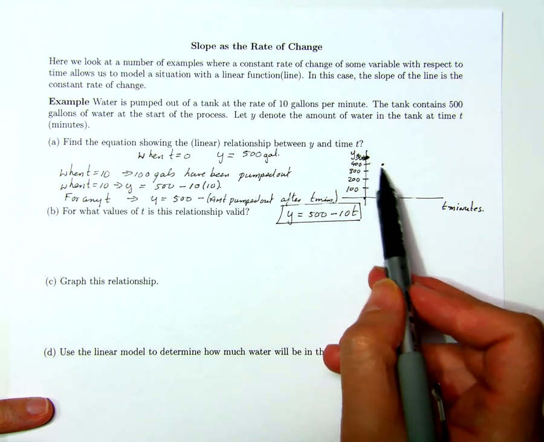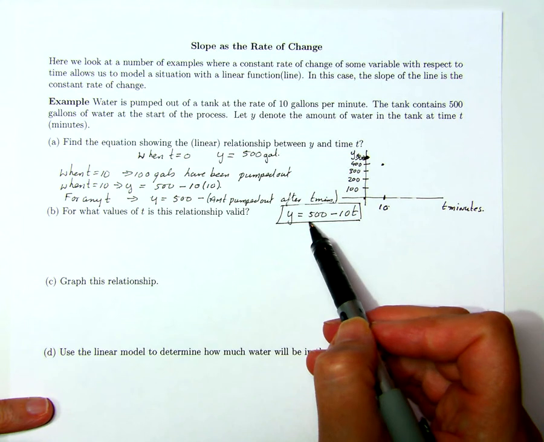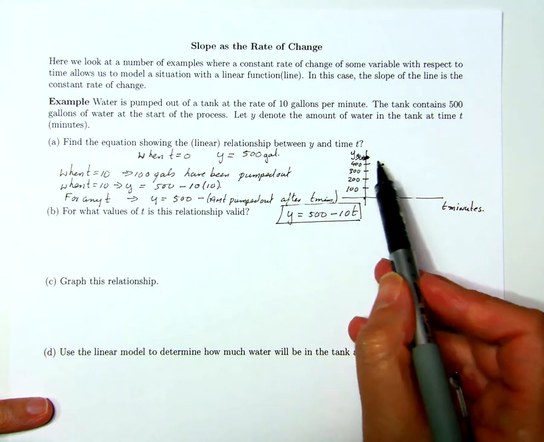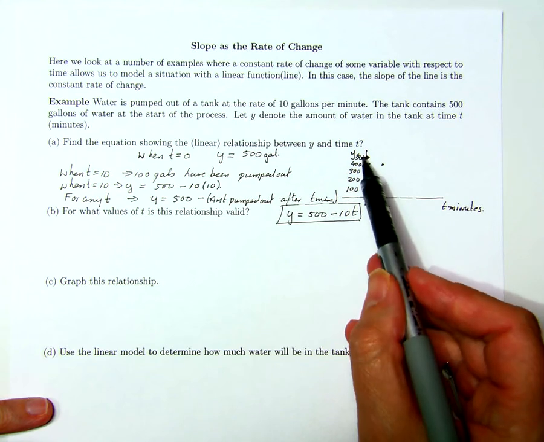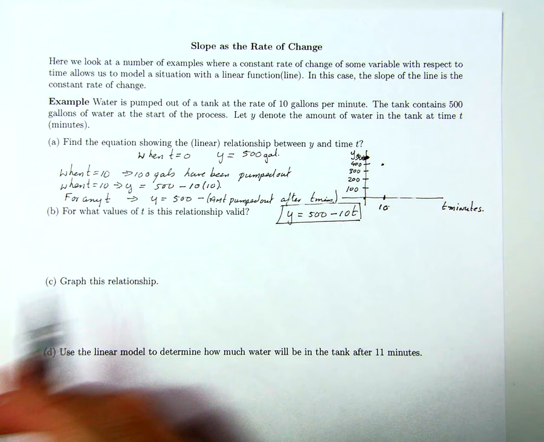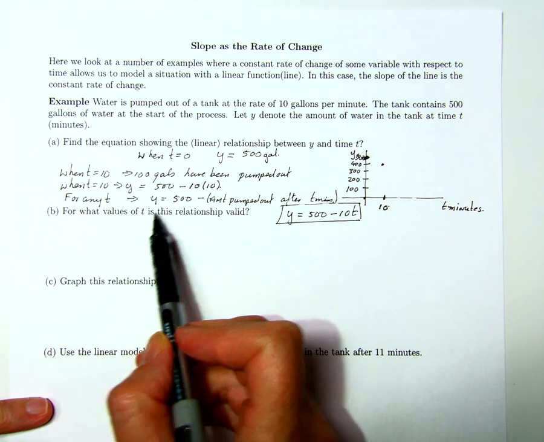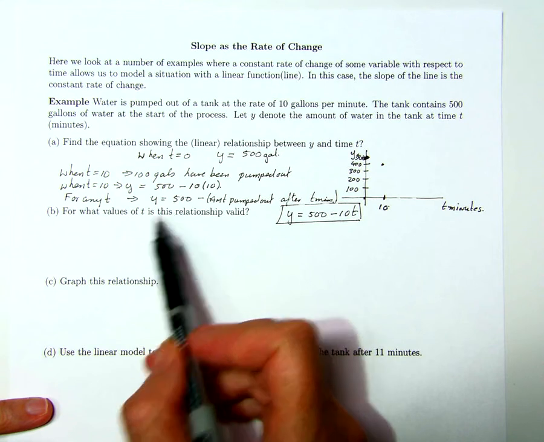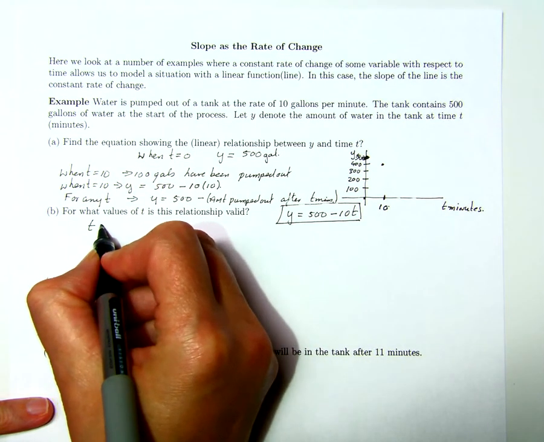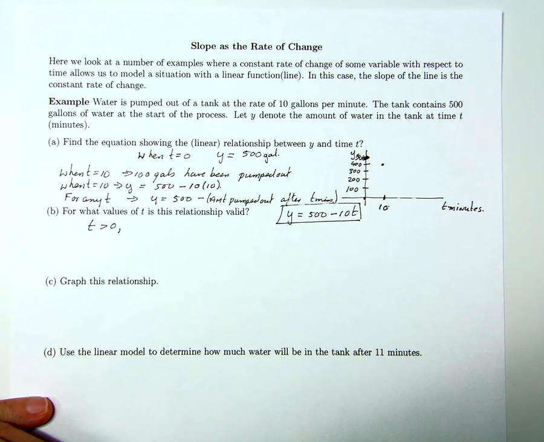And now, once we have 2 points on the line, we have the relationship between y and t is the equation of a line. So the graph of the relationship between y and t should follow this line. Now, it's not true that this relationship carries on for all t. Number one, t must be greater than 0, because we're talking about time, which must be positive.